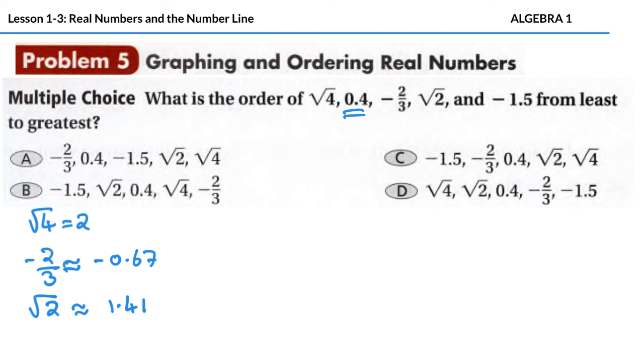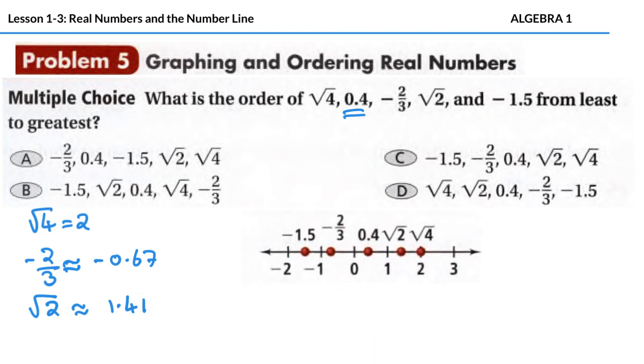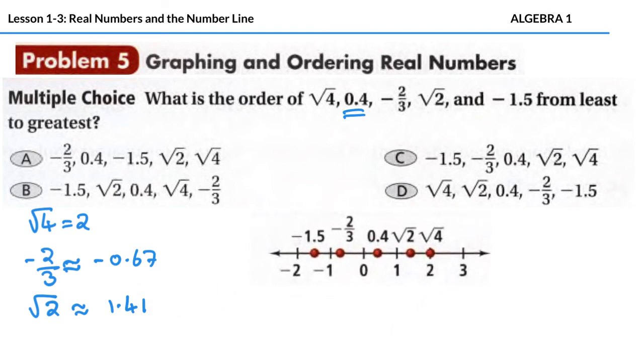Now, can we mark all these numbers on a number line? They look like this, from smallest to greatest. We have the smallest number as negative 1.5, and then negative 2 over 3 because that's negative 0.67, and then 0.4 and square root 2 and square root 4. So which is our correct answer? The correct answer is C.